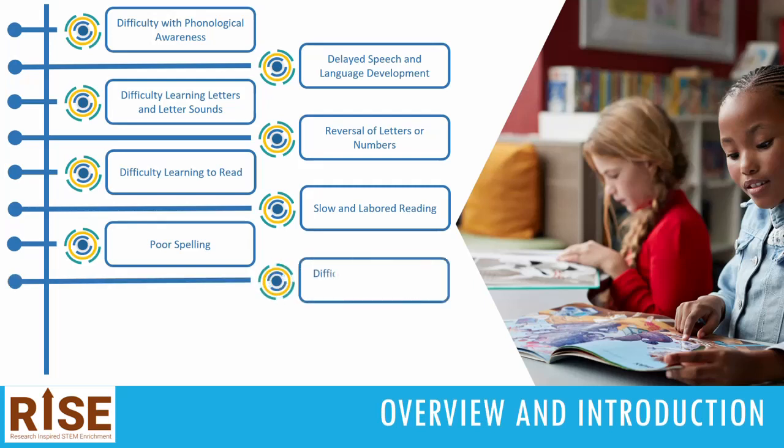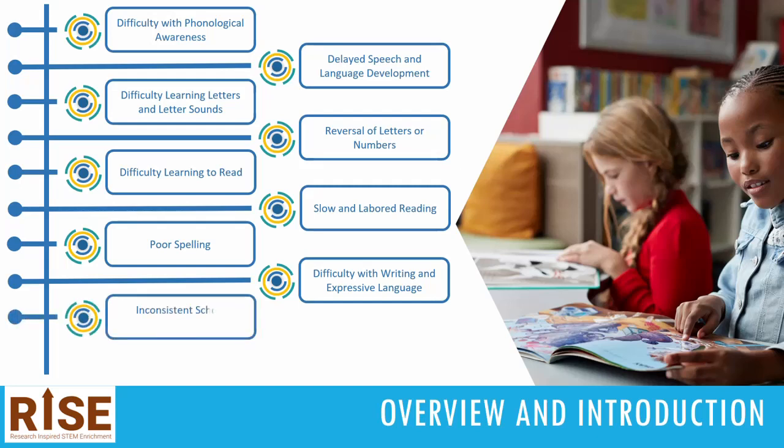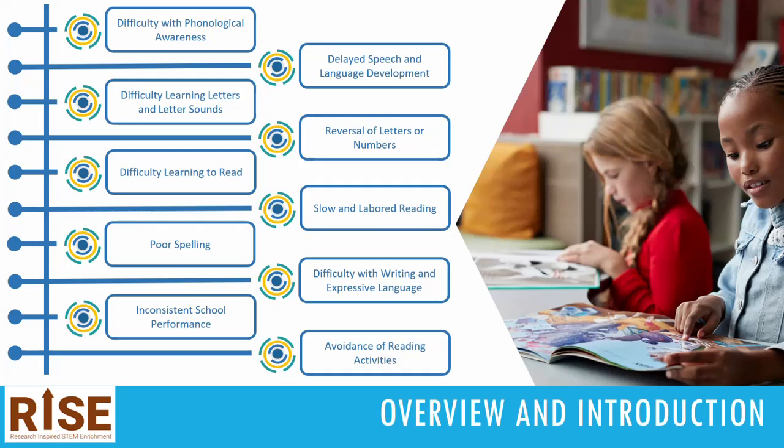Difficulty with writing and expressive language. Challenges in organizing thoughts coherently in writing, with difficulties in grammar and sentence structure. Inconsistent school performance. Inconsistency in academic performance, with strengths in certain areas and difficulties in reading, spelling, and writing. Avoidance of reading activities.